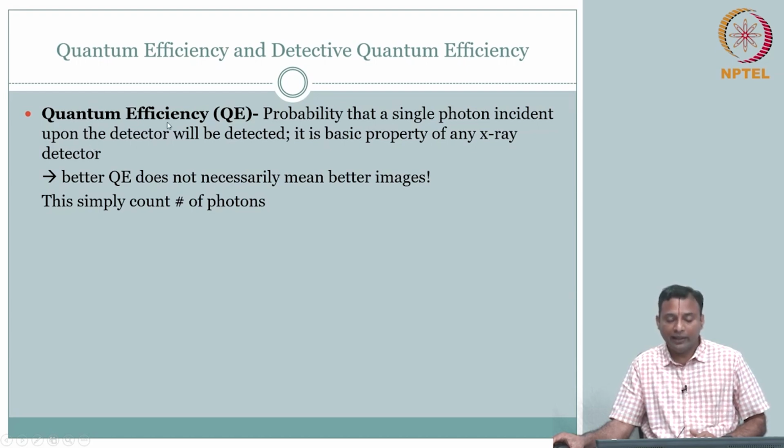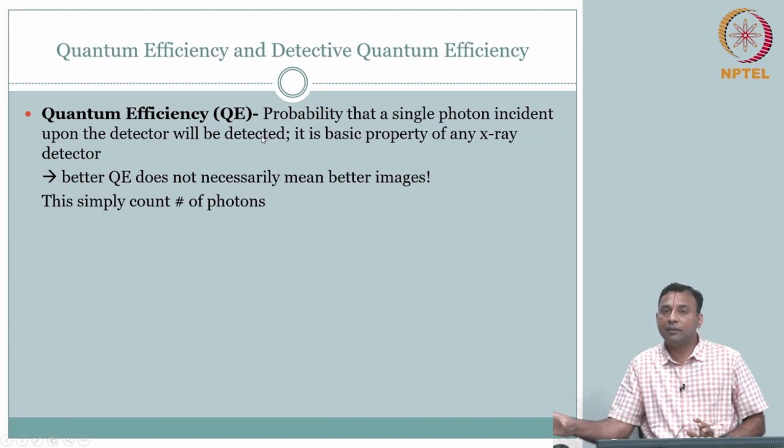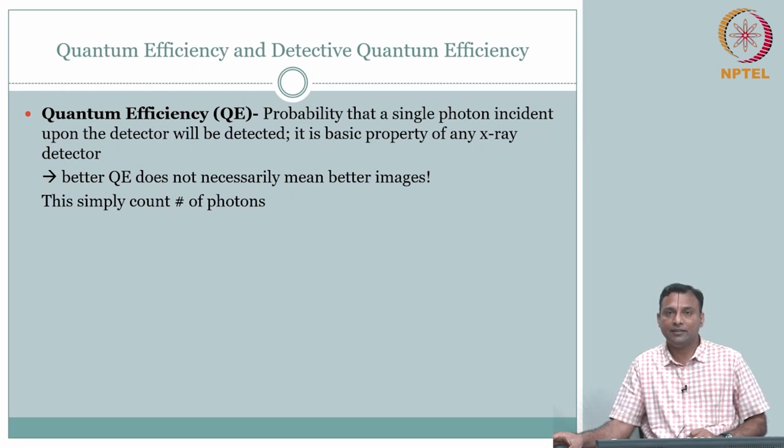If I have a better QE, numerically a larger QE, does it mean that is the best detector that we want to use?